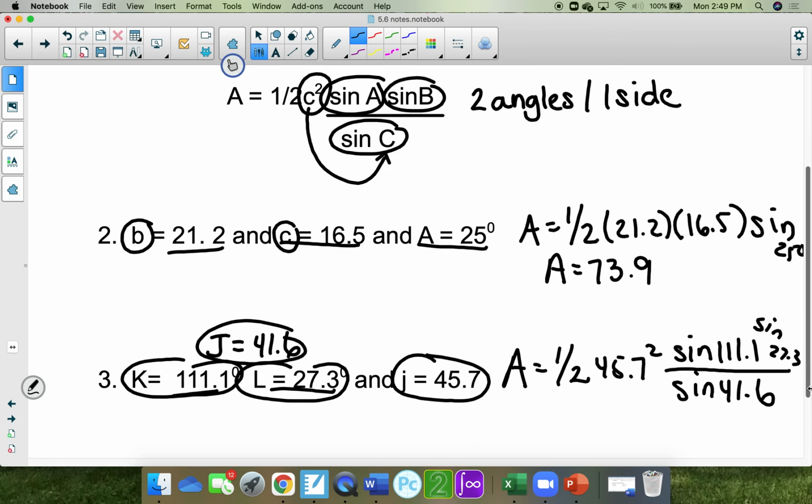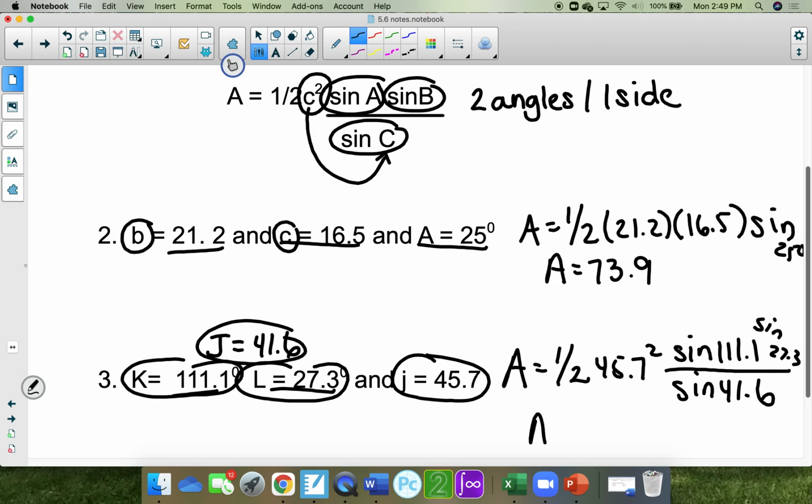And then all you do is plug it into your calculator. The sine of 111.1 times the sine of 27.3 divided by the sine of 41.6. You're going to multiply that by 45.7 squared and multiply it by 0.5.